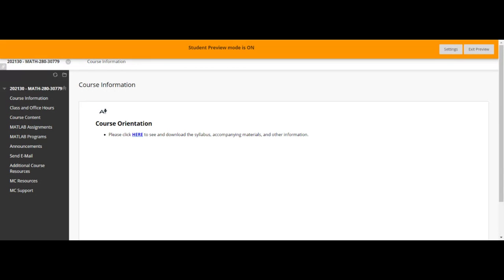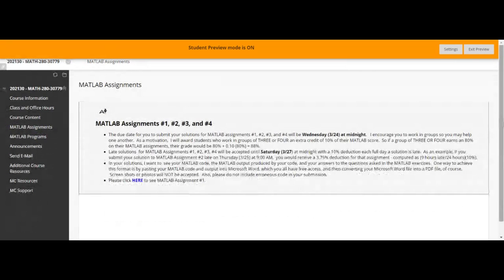But I just wanted to give you an idea of due dates and so forth. I'm just going to spend a moment on this because we'll talk more about it next week. If you go under MATLAB assignments, there's a blue link that you click and you'll see MATLAB assignment 1.